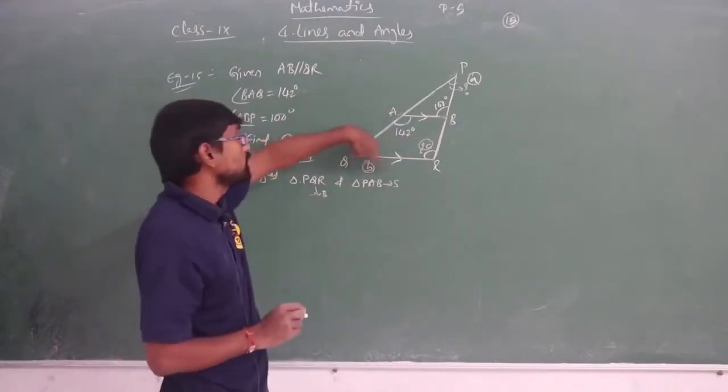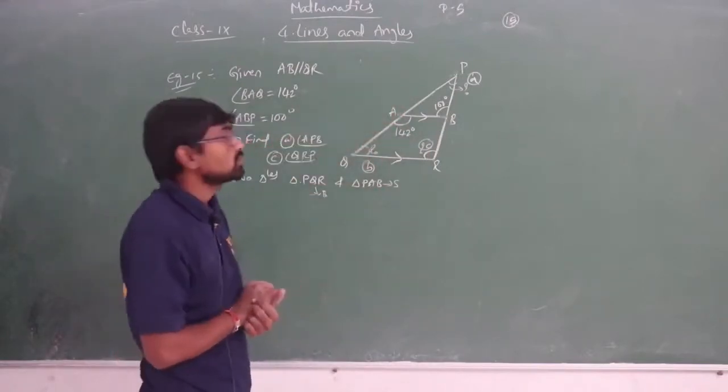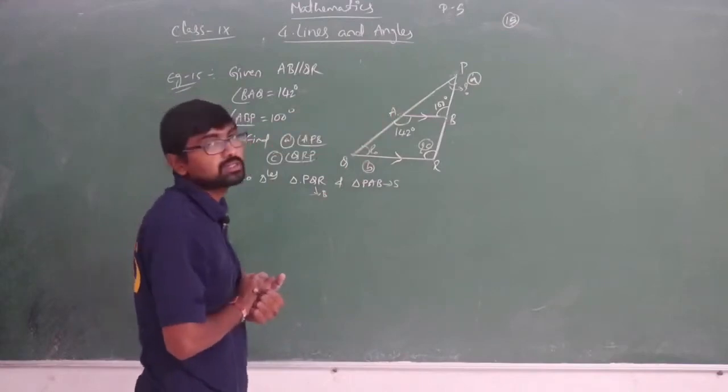PQR is the bigger triangle and PAB is the smaller triangle. Now, coming to the point of how we will find the values.